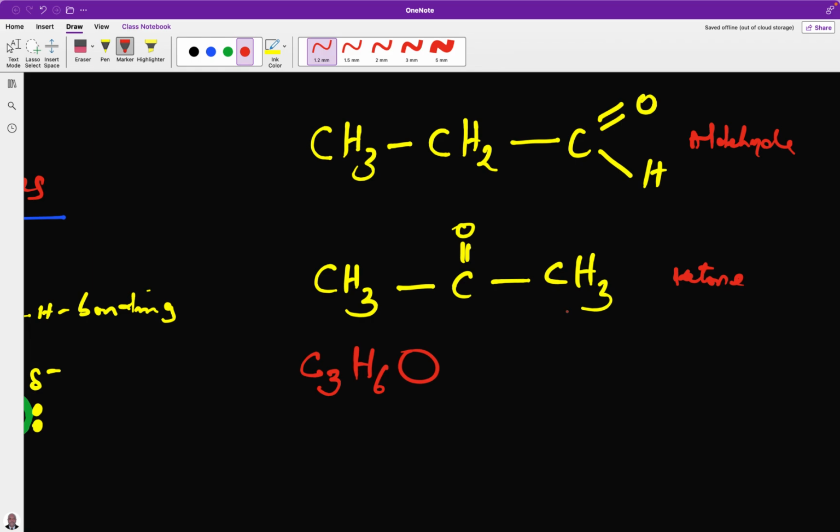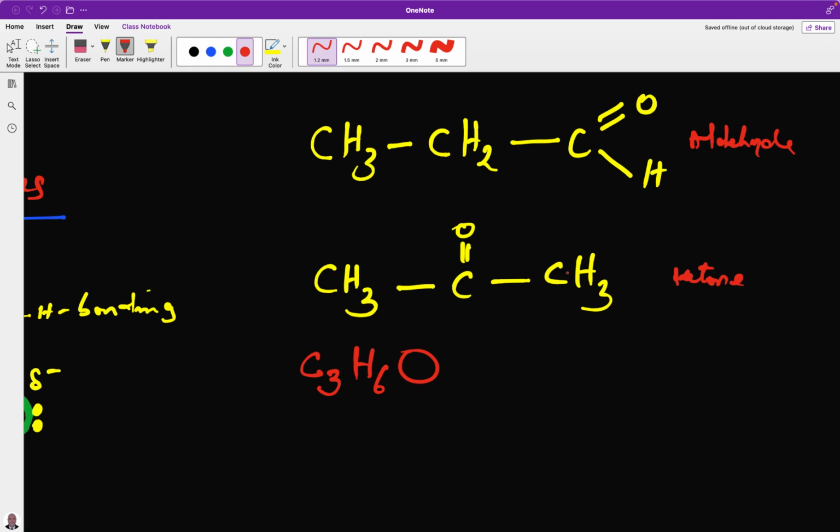They are all isomers. Propanol is an isomer of propanone, and propanone is also an isomer of propanol. We expect these two compounds to have the same boiling point and the same melting point. But that is not the case.